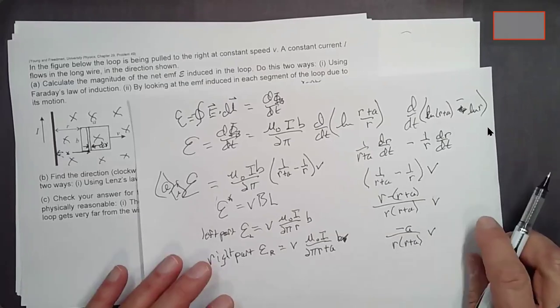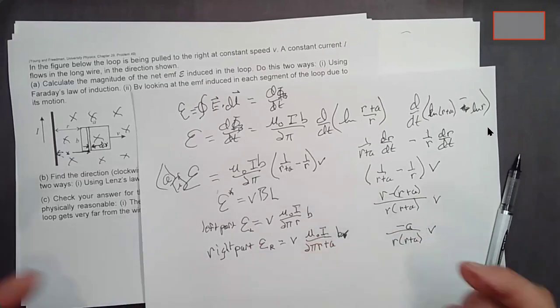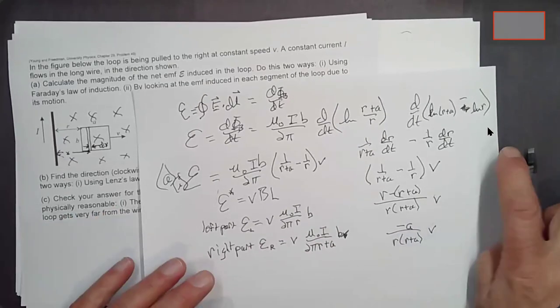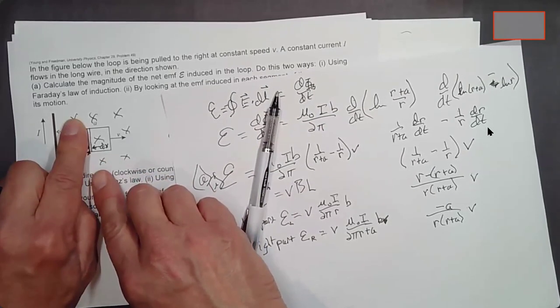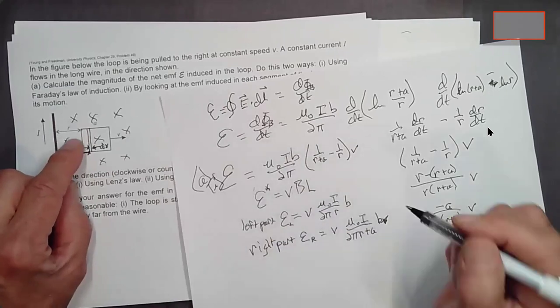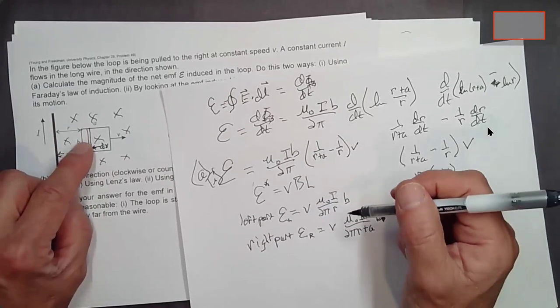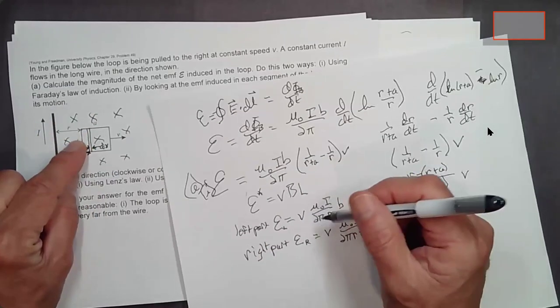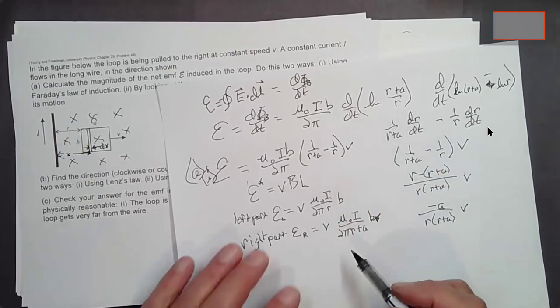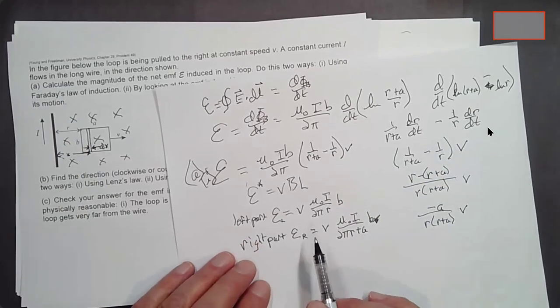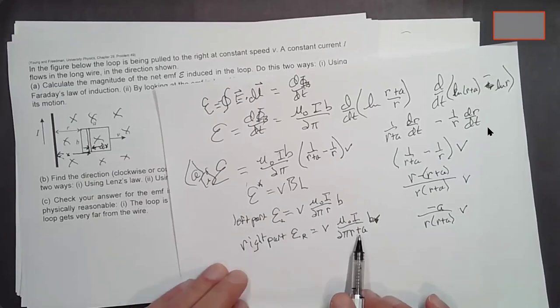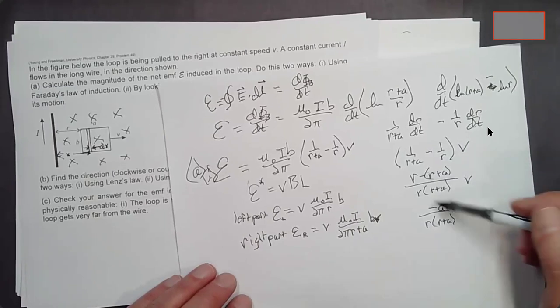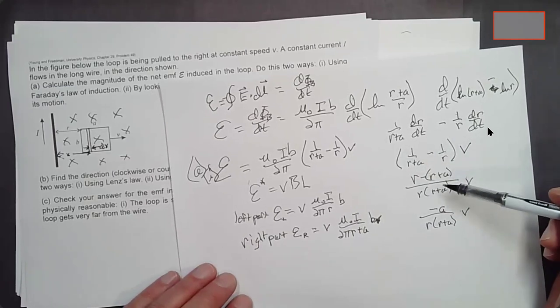Okay, and these are actually opposing EMFs. They're both going to be in the same direction. They'll both be up in this direction. And so the net EMF for the loop is going to be the difference between these two. If we take the bigger one, the one on the left, minus the one on the right, or actually I should have had the negative of that.